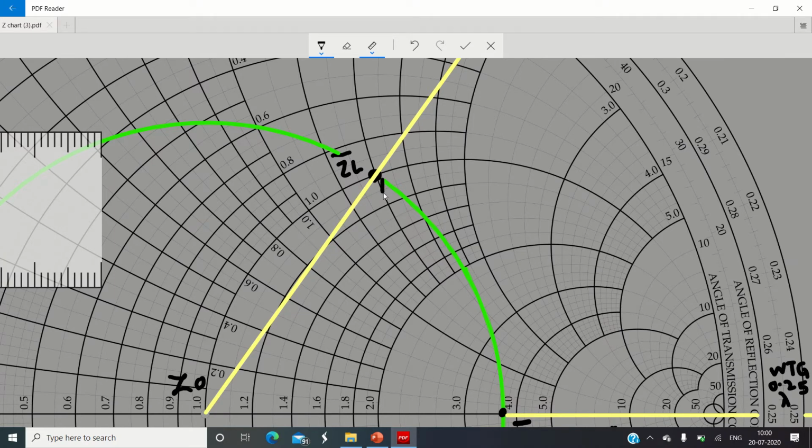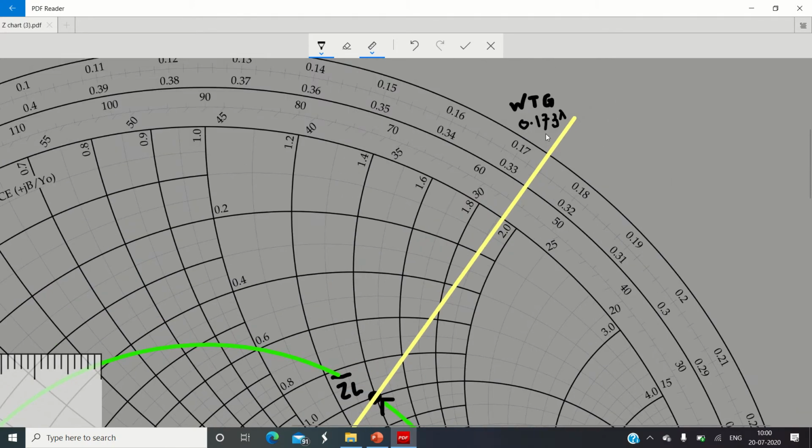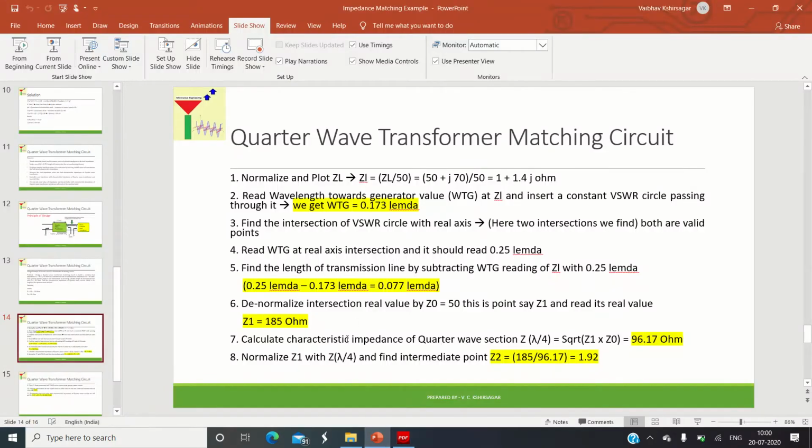From this point to this point, this will give the length of the transmission line L. Take the difference, 0.25 minus 0.173, in step number 5. So if we take the difference, the length of the transmission line we get is 0.077 lambda.